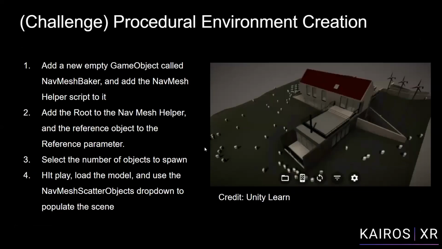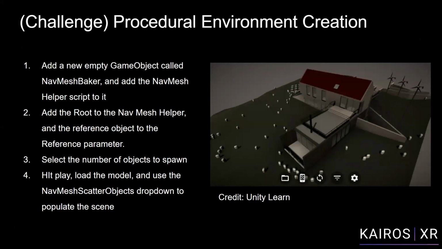As a challenge for everybody, you should have access to this video, so you'll have reference to these slides. But as a challenge to you, see if you can figure out how to set up a procedural design system for environment creation. So how to use metadata to create a nav mesh. There are resources available. We're always happy to hop on as well.